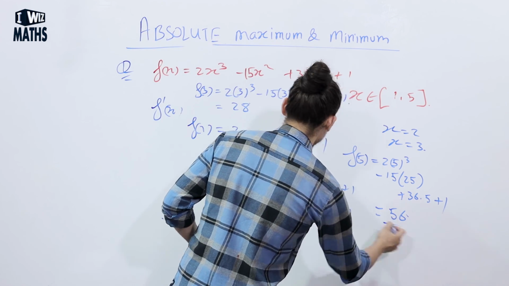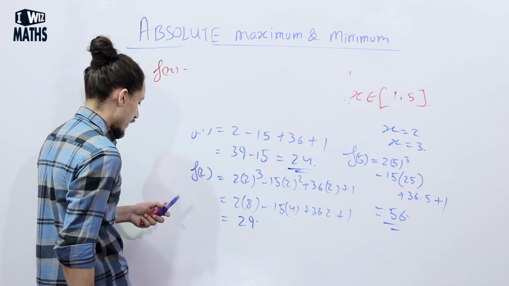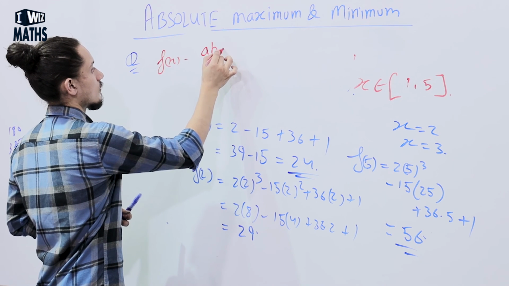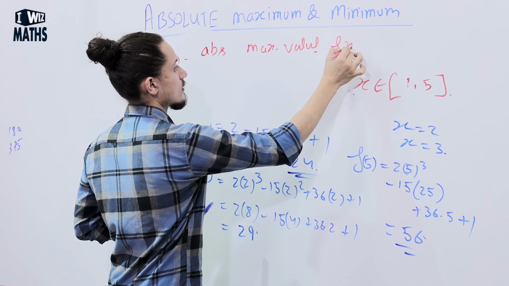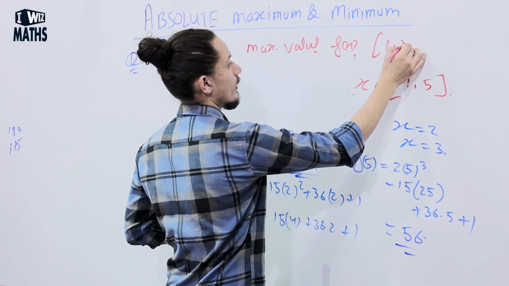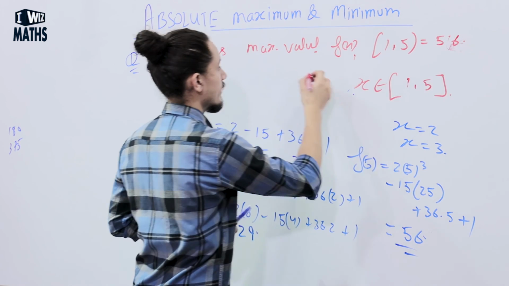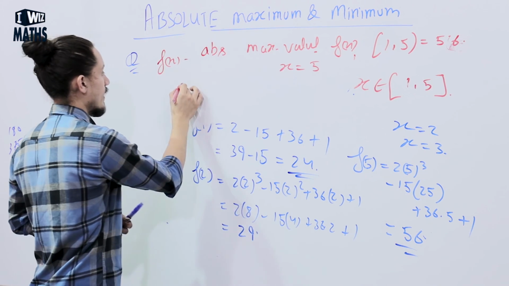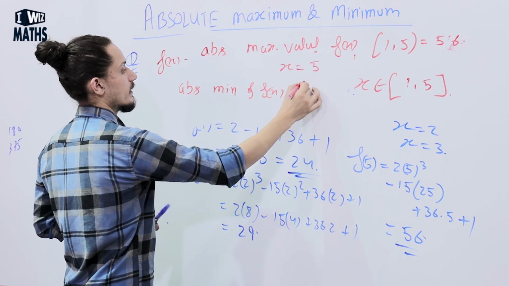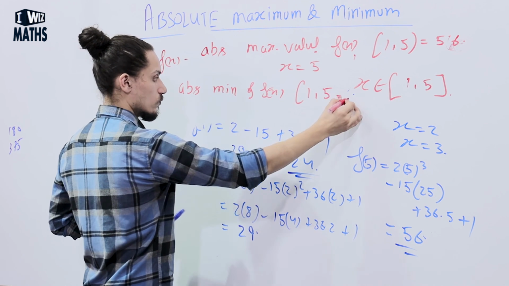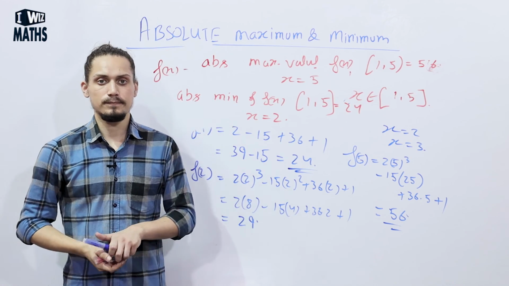So for the absolute maximum value, we'll write that the absolute maximum value of this function f of x in the interval 1 to 5 is equal to 56, and it is attained at x is equal to 5, and the absolute minimum value of f of x in the interval 1 to 5 is equal to 24, and it is attained at x is equal to 1, and hence the result.